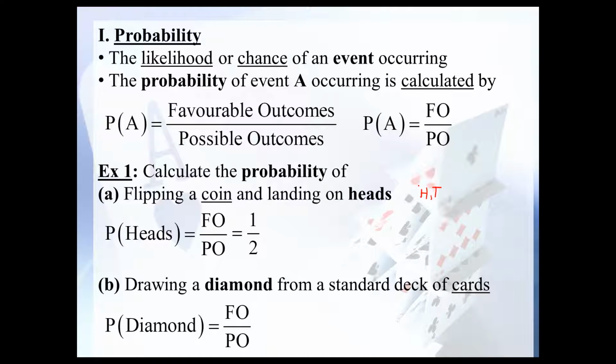There's diamonds, there's hearts, there's clubs, and there's spades. So the 52 cards you have all fit into one of those 4 categories: diamonds, hearts, spades, or clubs. Therefore, you would have 13 from each one of those suits.